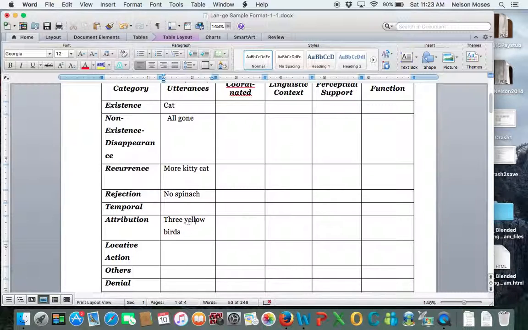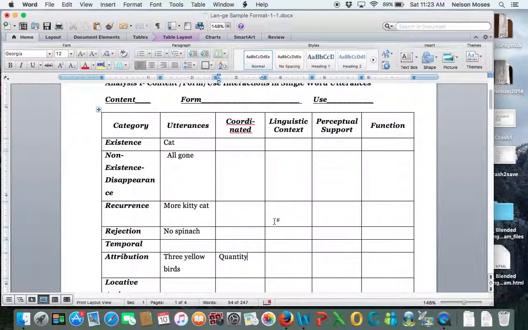So I have attribution there. I could put quantity here. And there's quantity 2 ways. There's the word 3, and there's the morpheme S, both of which code quantity. So I could indicate the coordinated there.